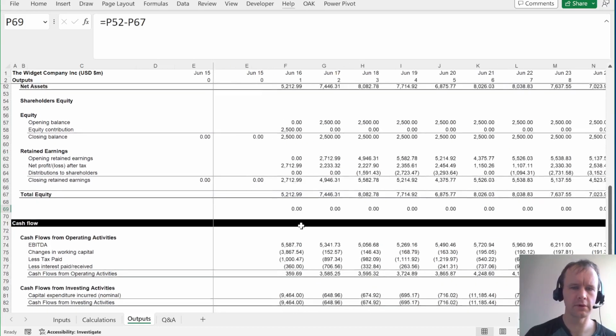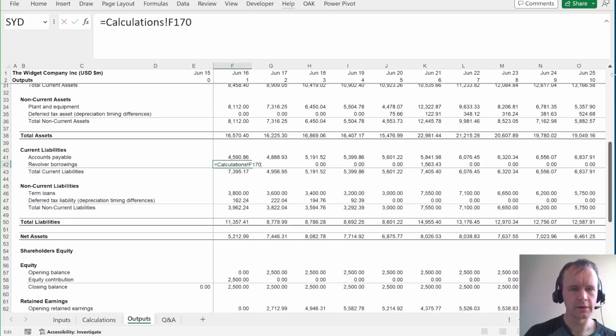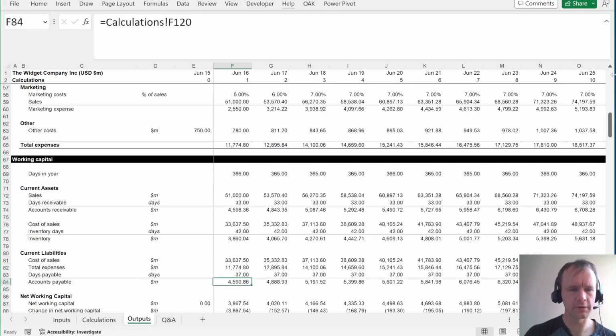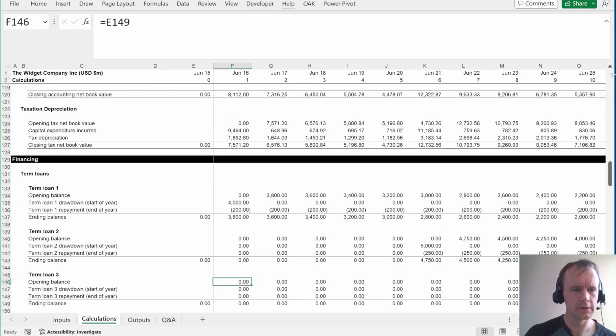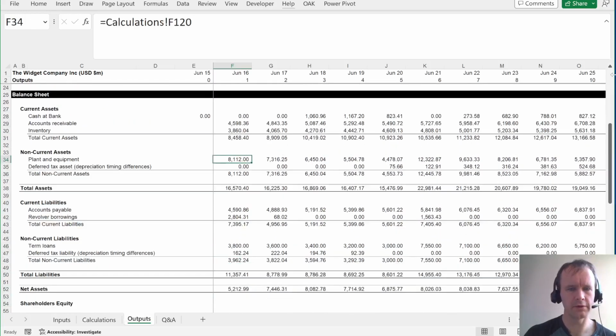Okay, so let's keep looking for basics for now. Where did I get to? I got to here. So that's coming from F120, which is the accounting net book value. That's what we want, yes. Deferred tax assets, F238.